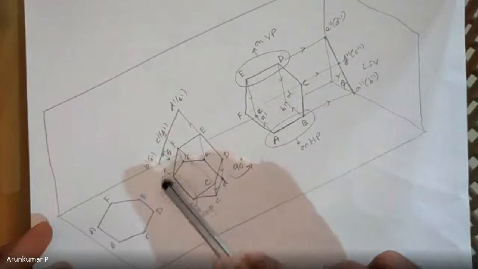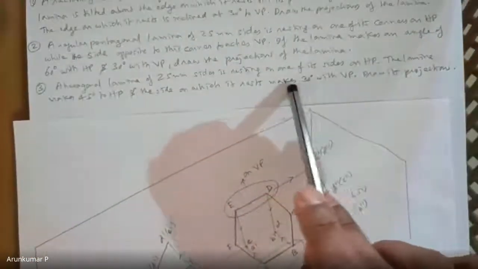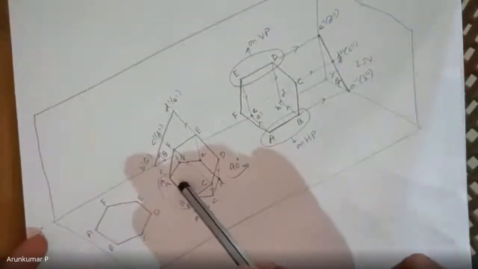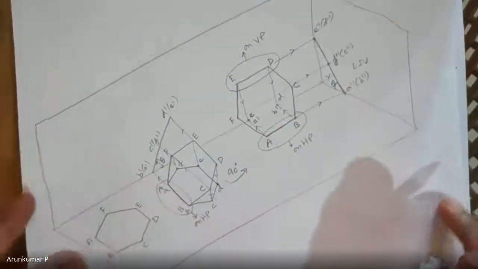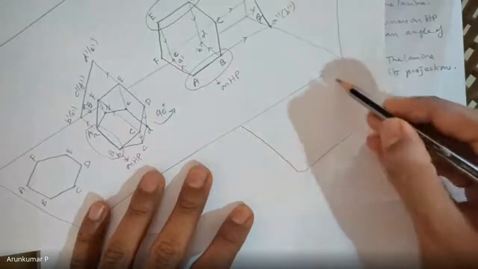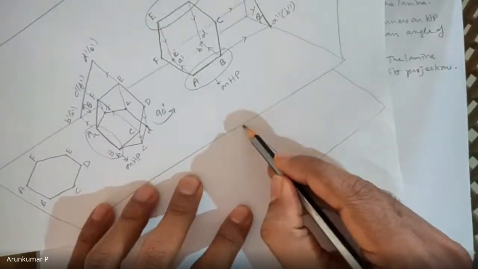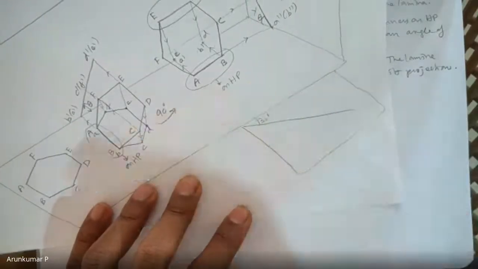So this is the second step. Third step, the edge on which it is resting, that is AB, is inclined at 30 degrees to VP. So the edge AB, you have to incline at 30 degrees to VP. So it would be something like this. If I draw an extension of the third step, then this would be the 30-degree inclination. And on this, I have to place AB.